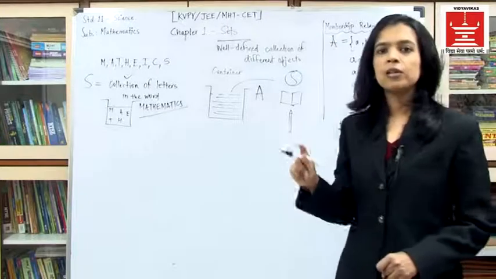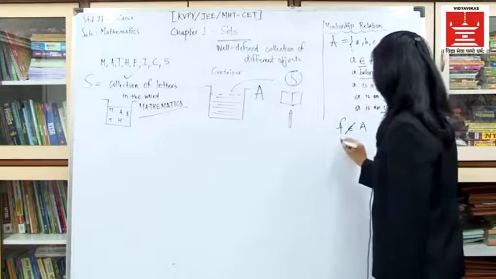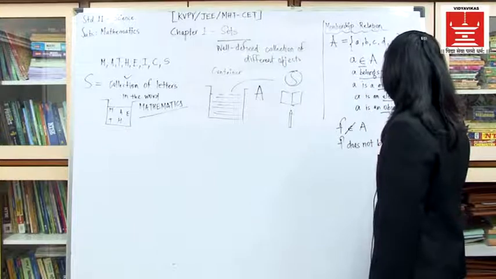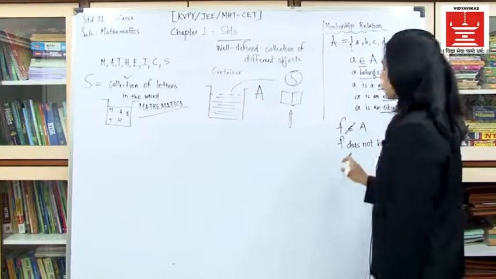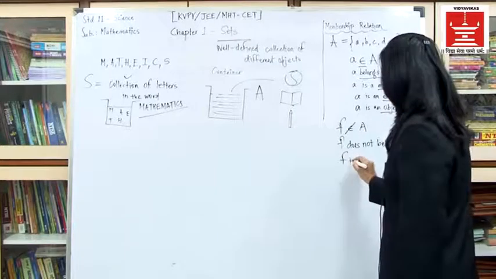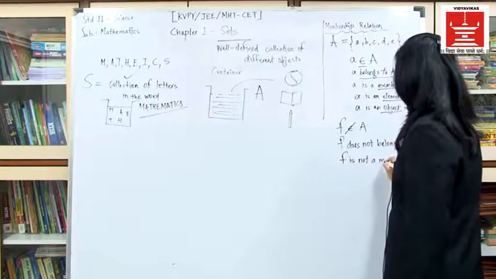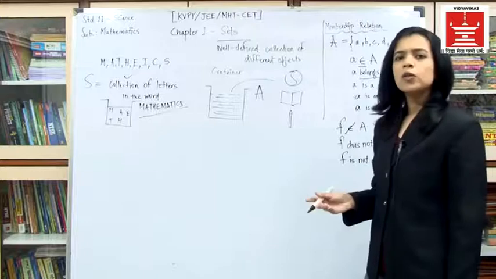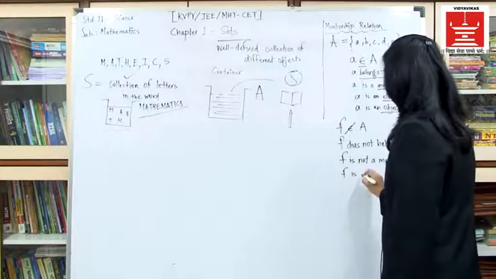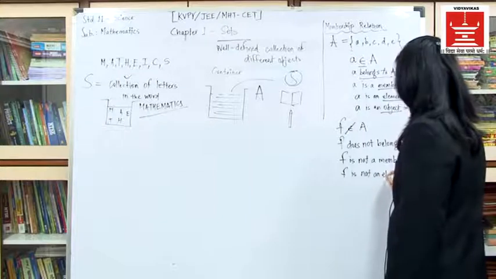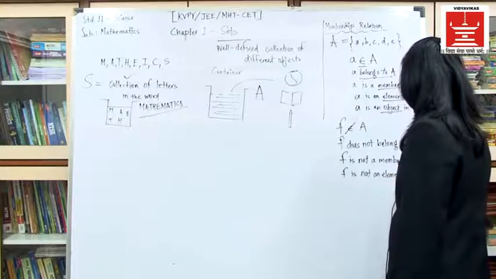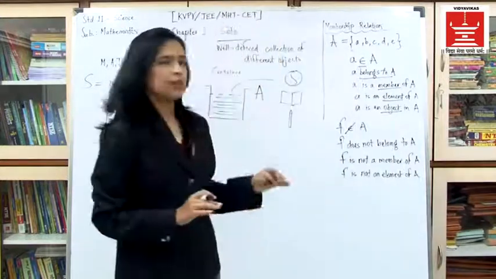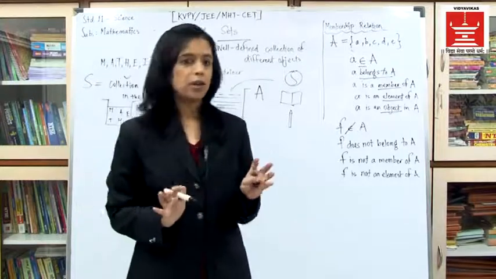So you just strike out the symbol, and in word form you say f does not belong to A. Similarly, you can also say that f is not a member of A. Also, you can say that f is not an element of A. So the same thing can be said in different ways. This membership relation is very important.